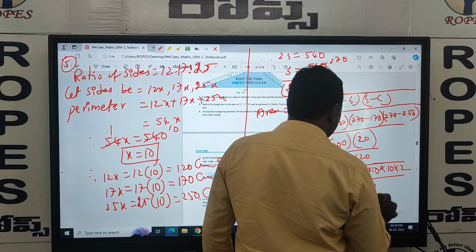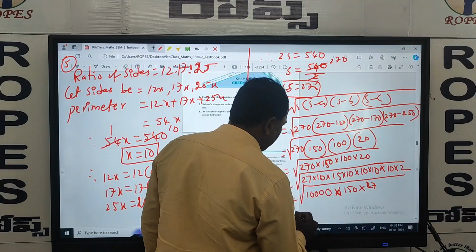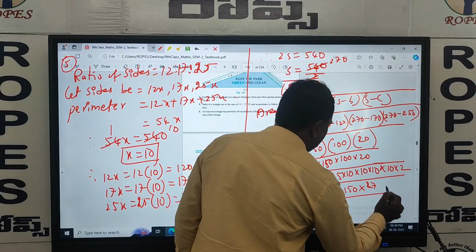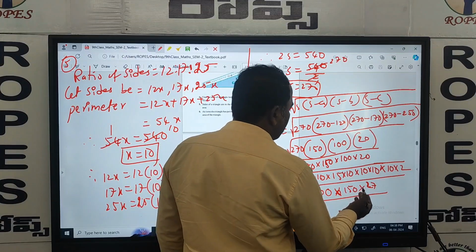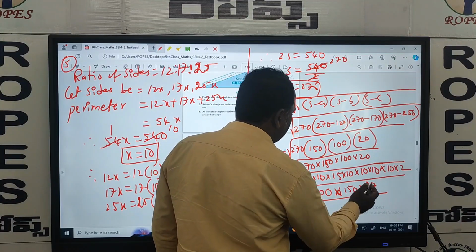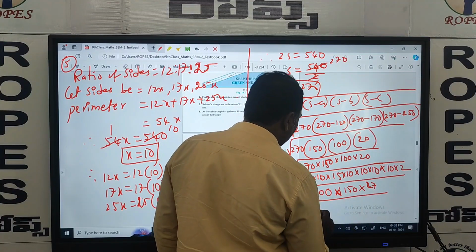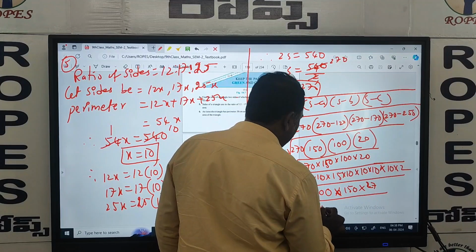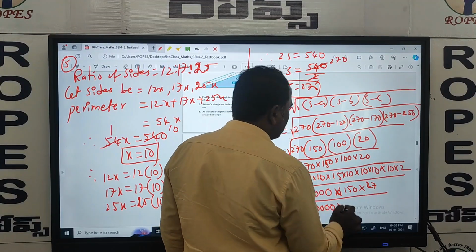Again 150 we can write as 3 into 50, and 27 as 3 into 9.